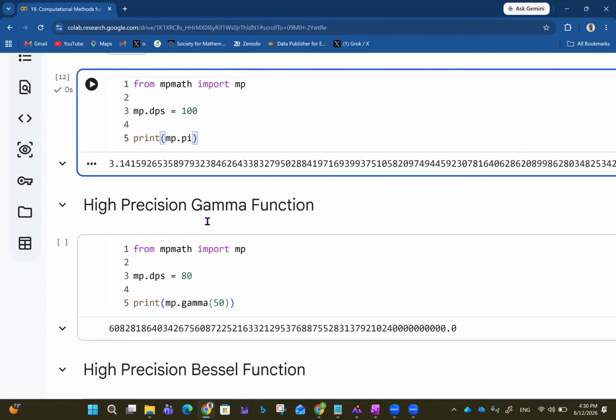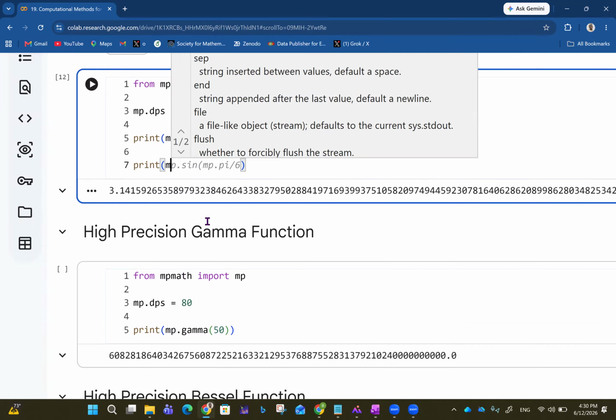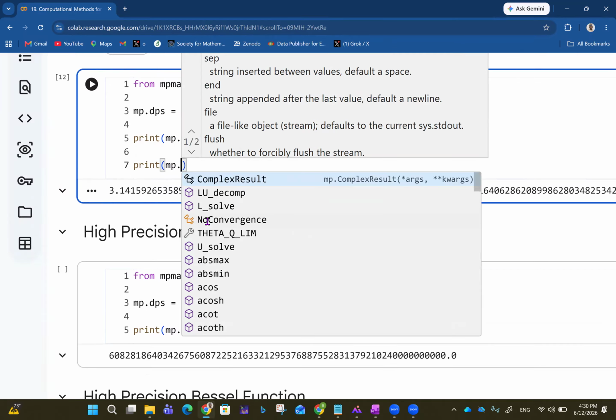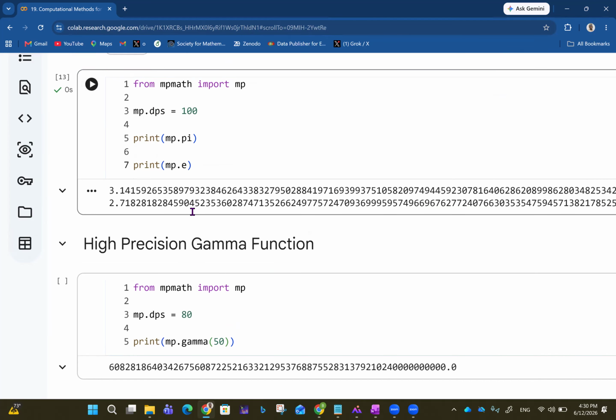Okay, I want to try this for, oh, okay. Wow, this thing can read my mind. So mp.e. Okay, so I run that. You see that's 2.718 and so on. So this is pi, this is the exponent, that's e.